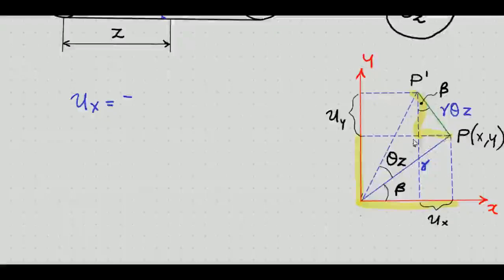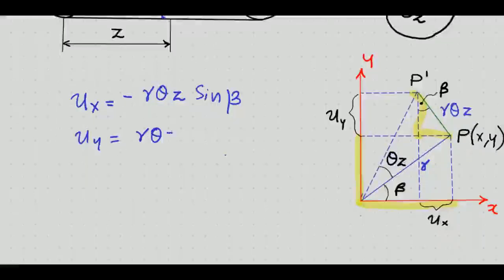With angle beta, which for small deformation is also beta, ux is equal to minus r theta z into sine beta, and uy is equal to r theta z into cos beta.